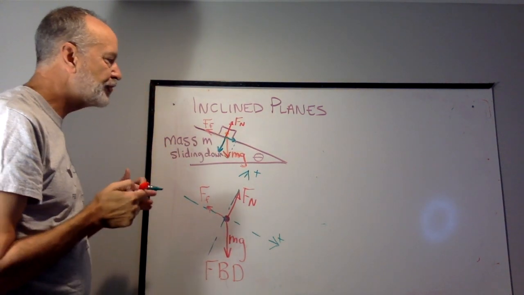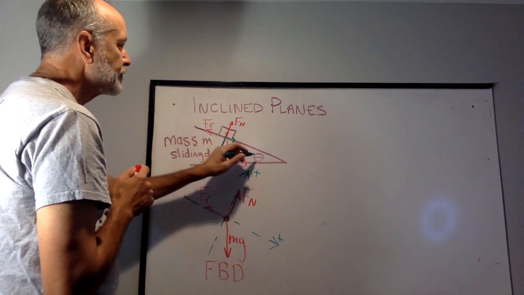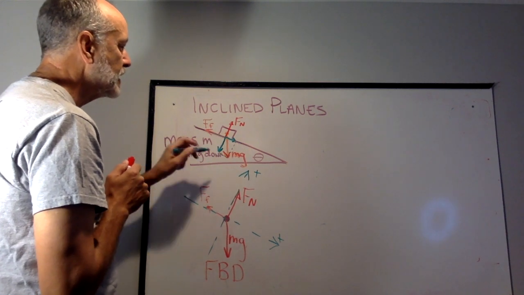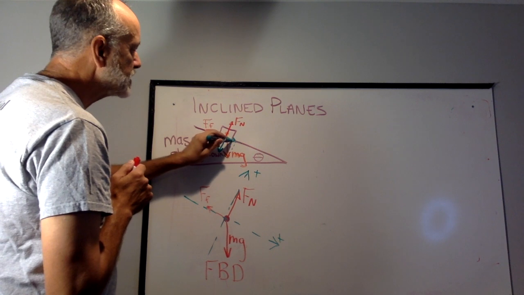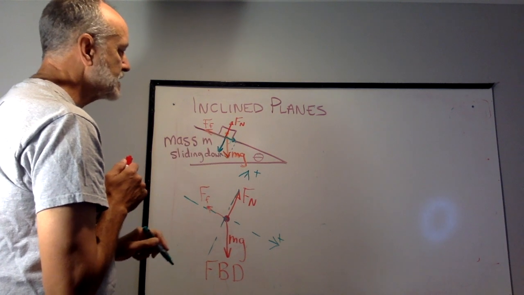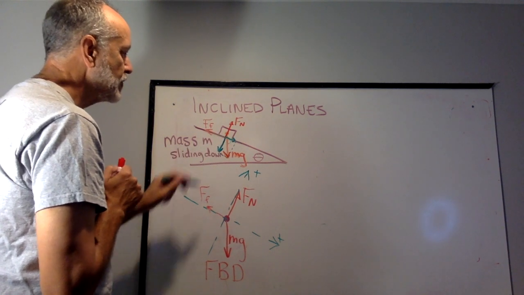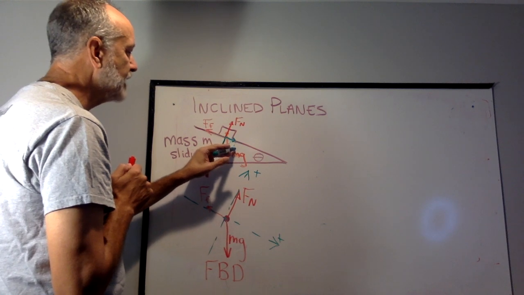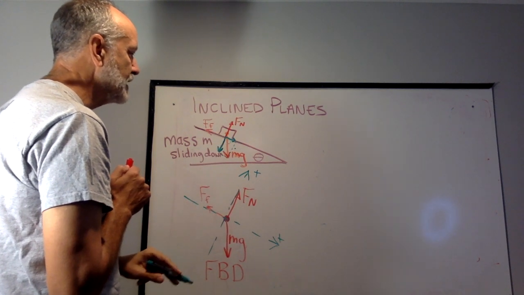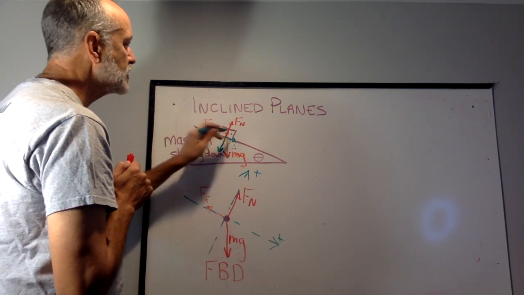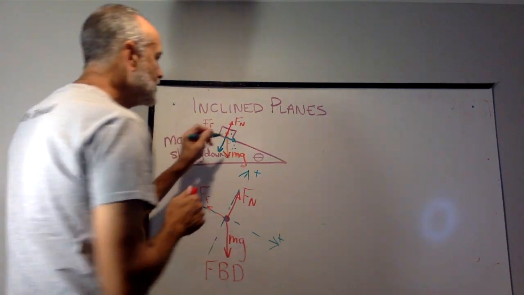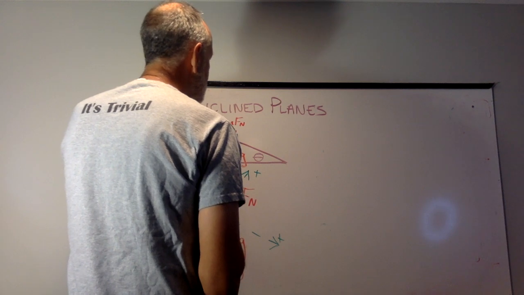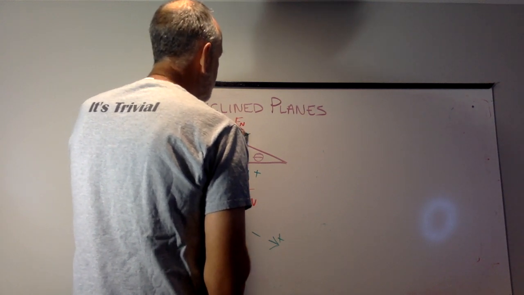Okay, that's a little tricky, but we can use the fact that that angle is theta. That means if this is mg, this is actually 90 minus theta. So this would be the sine of 90 minus theta times mg. This would be the cosine of 90 minus theta. But the cosine of 90 minus theta just ends up being the sine of theta.